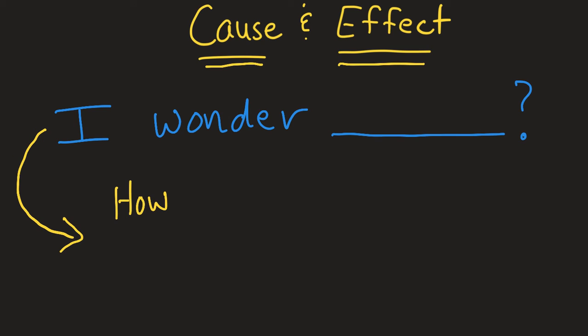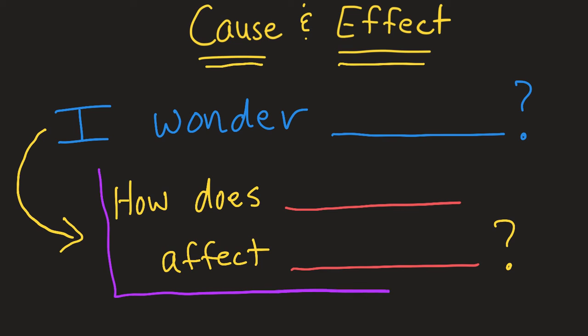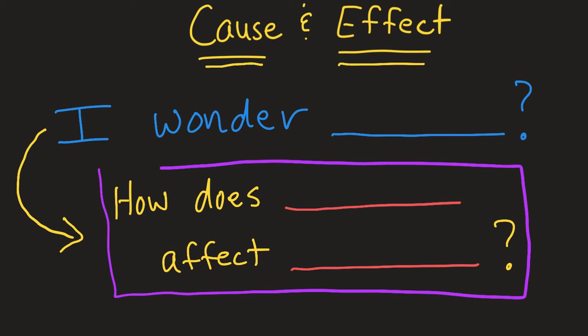Here's how we're going to start phrasing our questions in science. We're going to start by saying, how does blank affect blank? I want this to be our new standard way of asking questions. So let's focus on that and get away from this "I wonder."